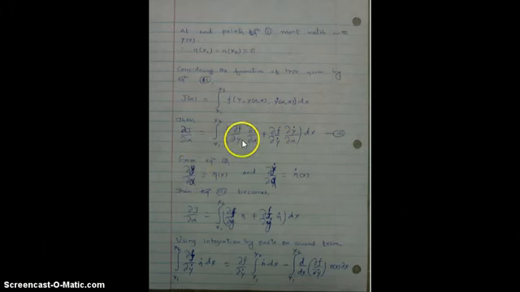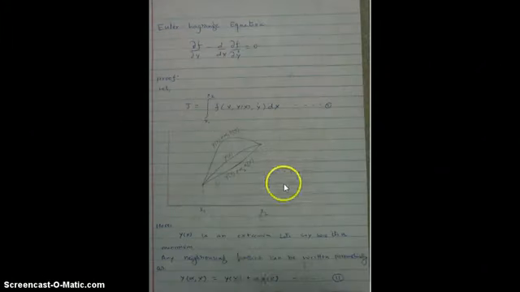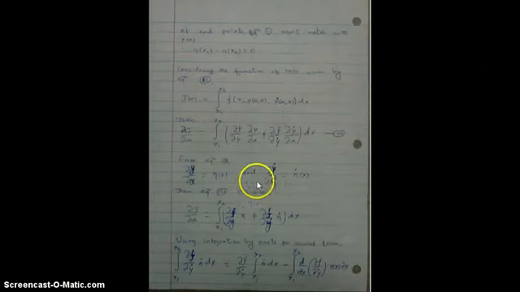From that, we can get the value of dy by d alpha and dy dot by d alpha from the neighboring function that I stated earlier. So the partial derivative of y with respect to alpha would be simply eta of x, and the partial derivative of y dot with respect to alpha would be eta prime. So that's what I have written over here.